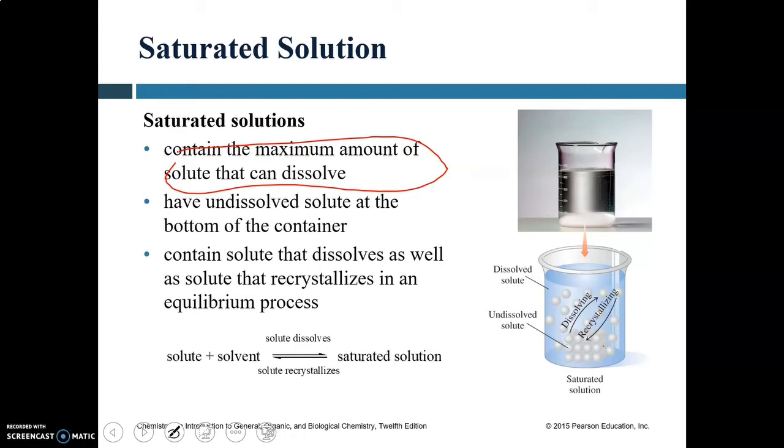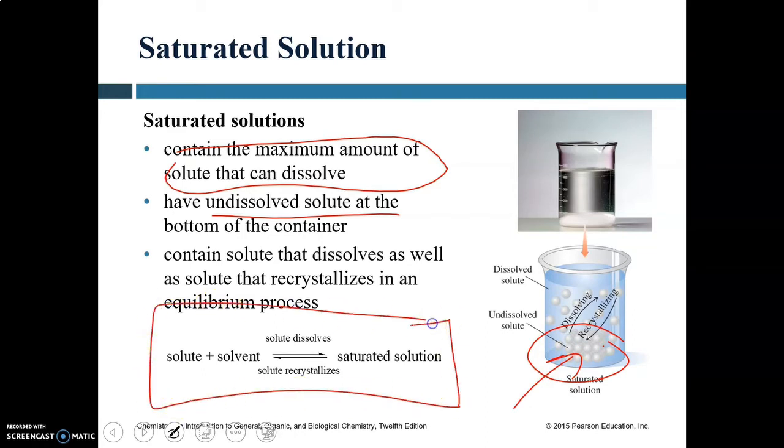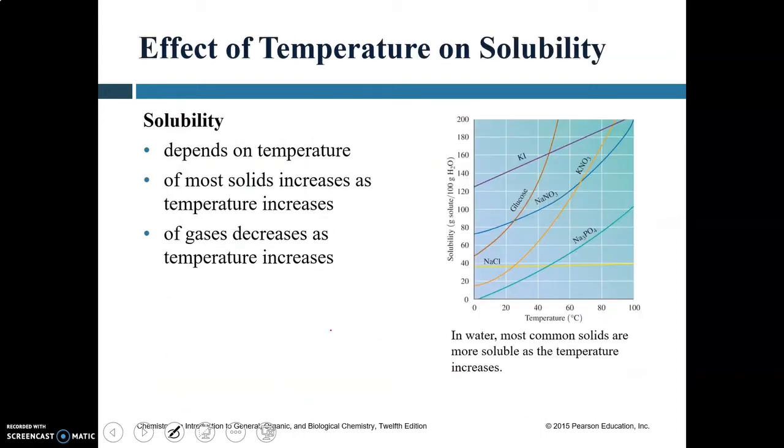At the bottom of the container, you can find undissolved solute, and the solute at the bottom and the solute in the saturated solution are in equilibrium, which can be expressed using this equation. So solute and solvent are in equilibrium, forming a saturated solution. So solute constantly dissolves and recrystallizes.